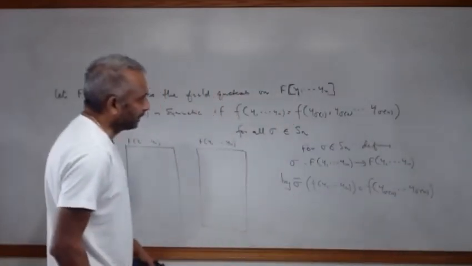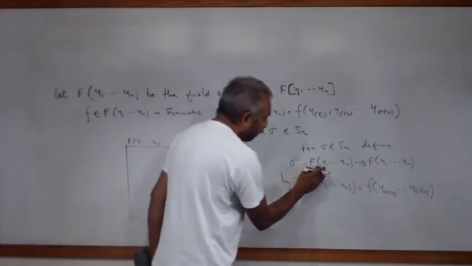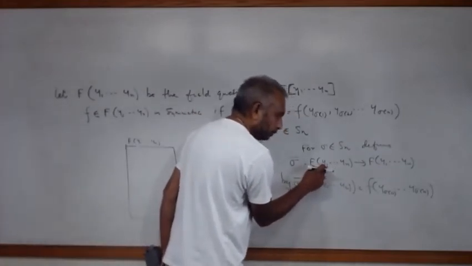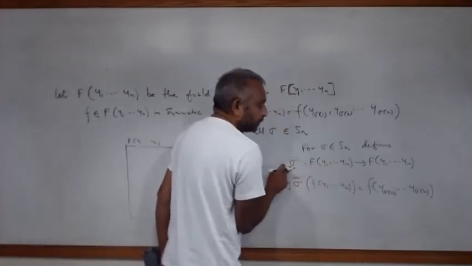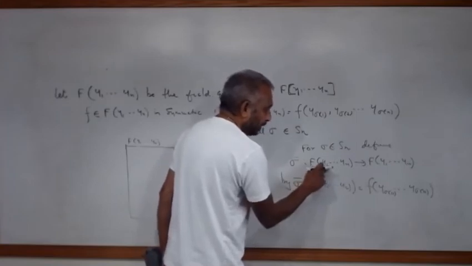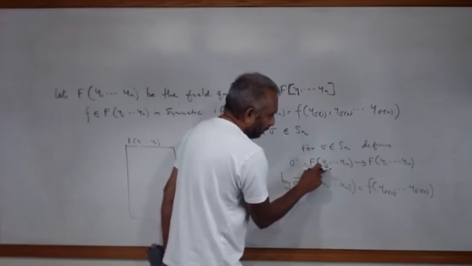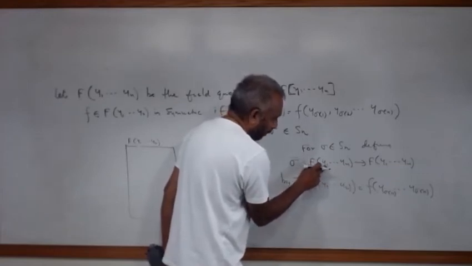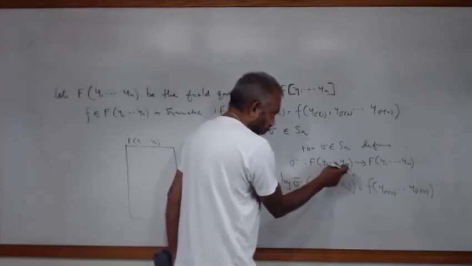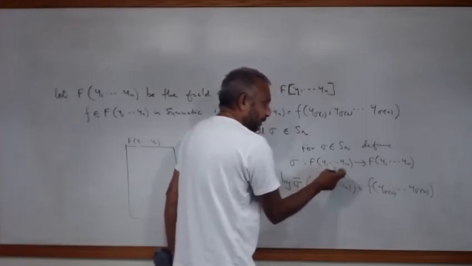This is a valid function. What we are going to do is replace 1 with the image of sigma. So in a particular case, probably y1 will point to y3, yn will be pointing to y7, something like that.